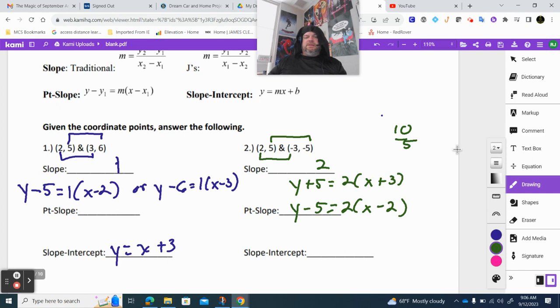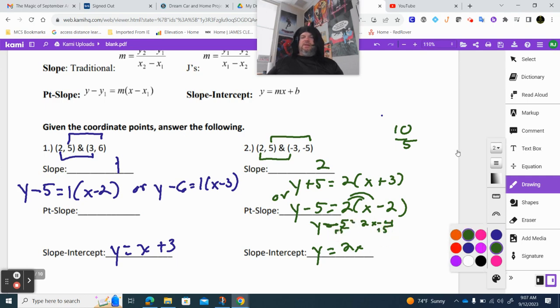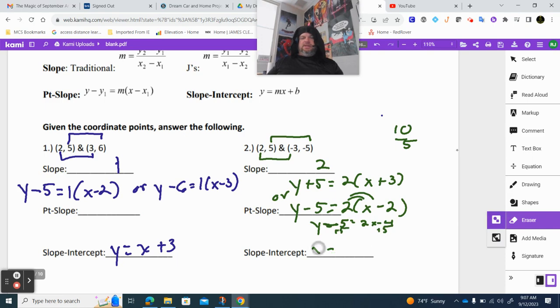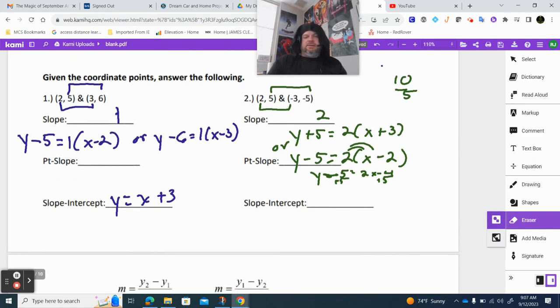All right. It's either one of these two that you did. So if I'm doing this one, 2x minus 4, minus 5. So I add 5, add 5. I would end up getting that was not very clean and pretty.